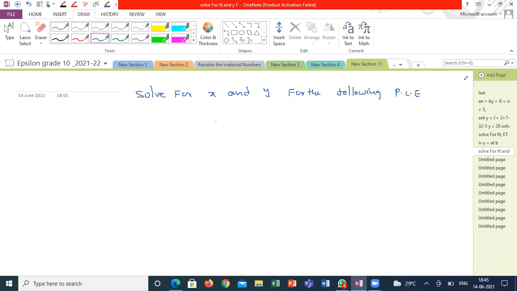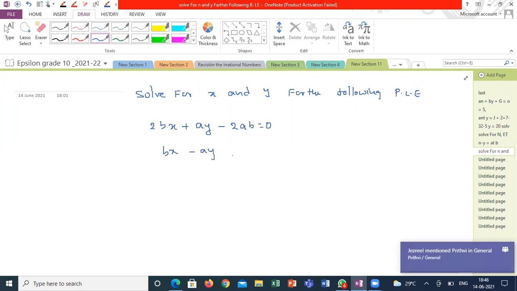The pair is 2bx plus ay minus 2ab is equal to 0, bx minus ay minus 4ab is equal to 0. Solve it. I'm going to give some 5 minutes time again. Please solve this question and let me know what is the answer for x and y.